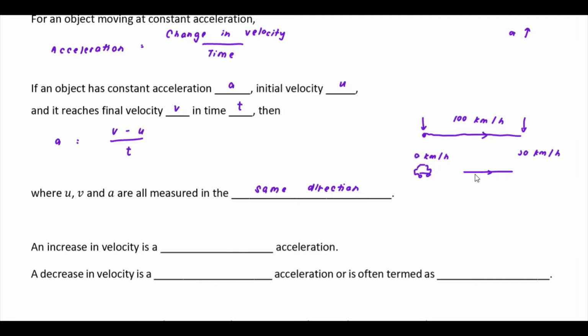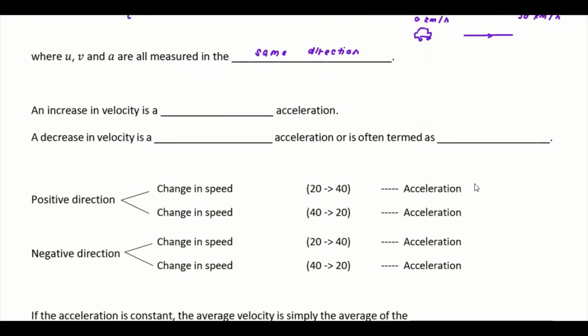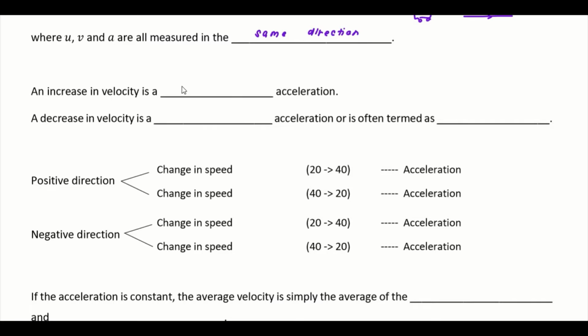It just means that the velocity changes over time. An increase in velocity is a positive acceleration, and a decrease in velocity is a negative acceleration, which is often termed deceleration.